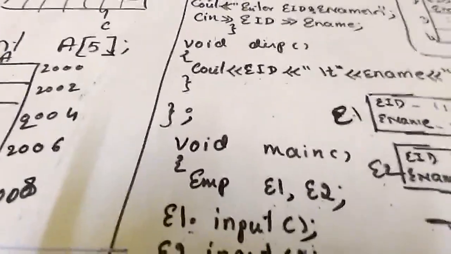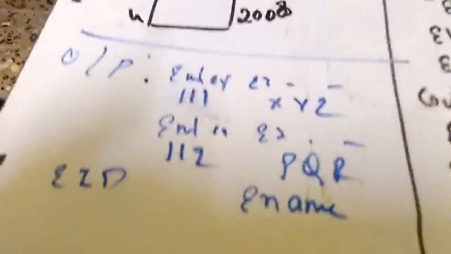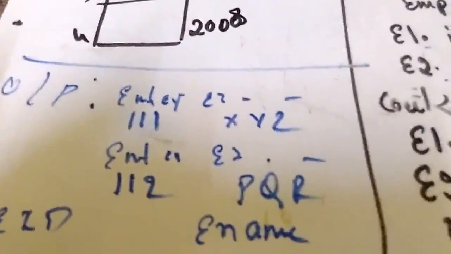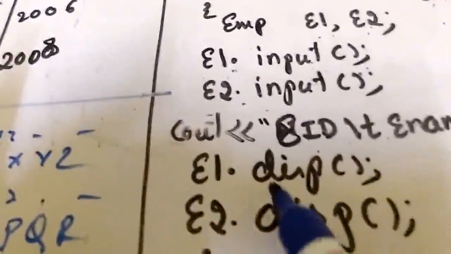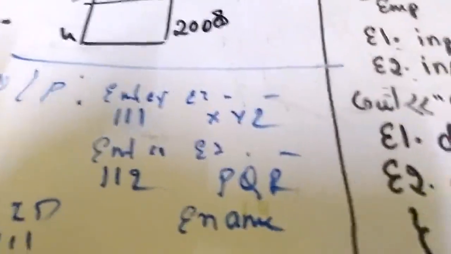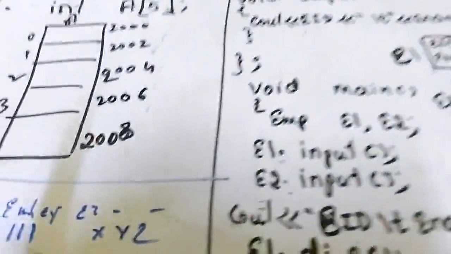Now we display these values. In which format? In whichever format we have written in the cout statement, it will be displayed like that. EID, whose EID? E1's EID, because E1 is calling the display function. What is there? 111. Under EID, 111 will be displayed. After that, backslash t is there.